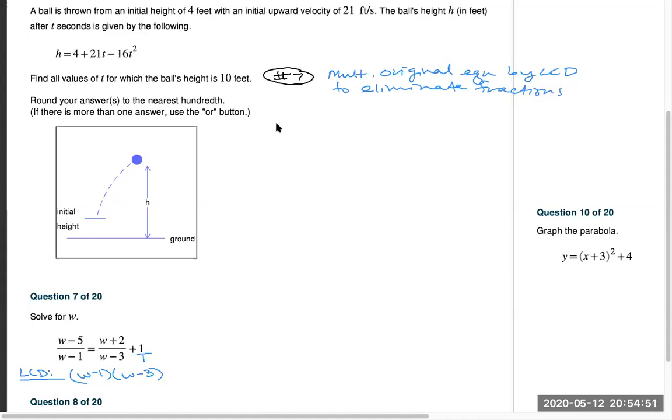Okay, so I'll do it the long way for this part. W minus 1 times W minus 3. You're going to multiply that by your W minus 5 over W minus 1.